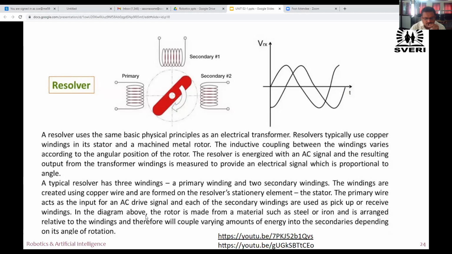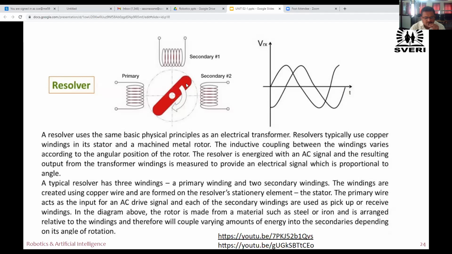In the diagram above, the rotor is made from a material such as steel or iron and is arranged to rotate relative to the windings, and therefore will couple varying amounts of energy into the secondaries depending on its angle of rotation. As we have seen in the case of LVDT, the same applies here.